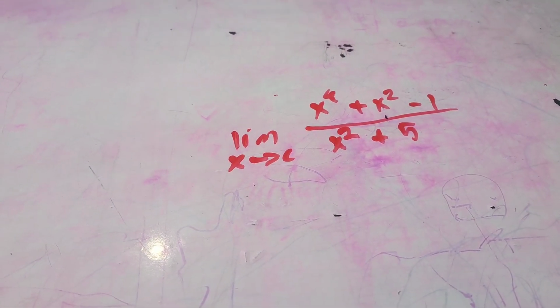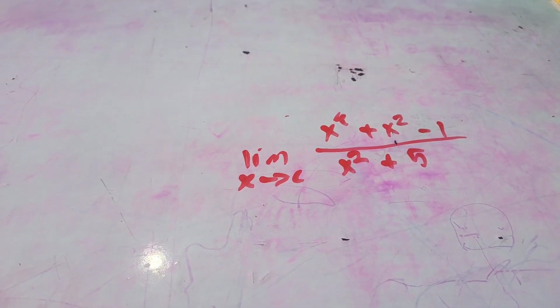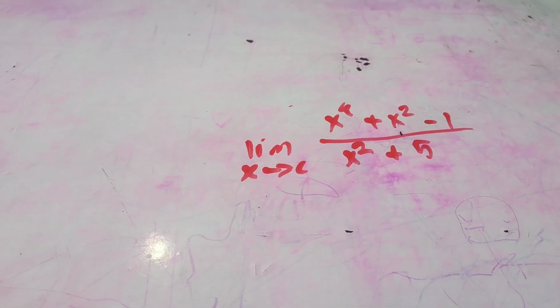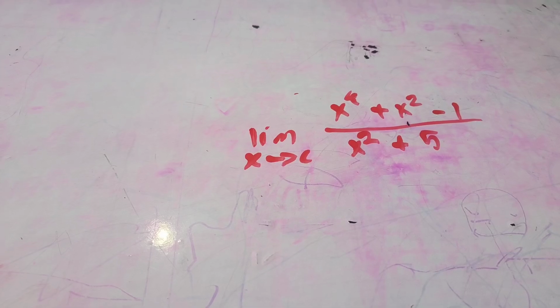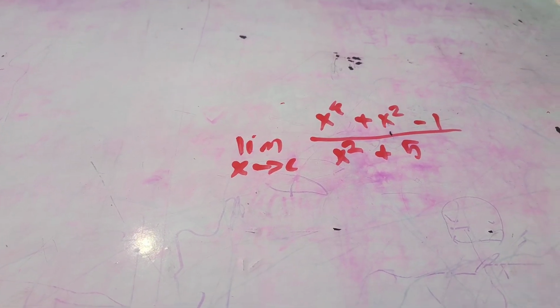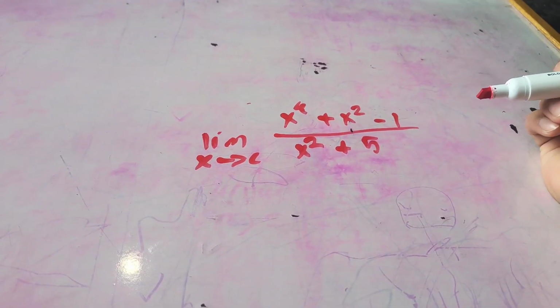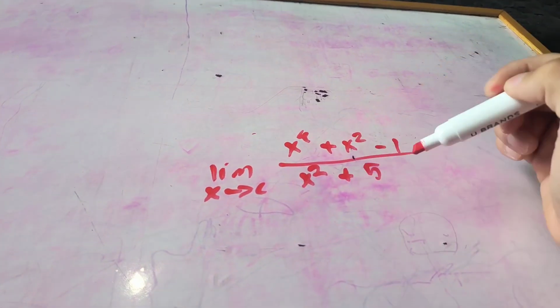Well, we know by the quotient rule that the limit of f of x divided by g of x is the same thing as finding the limit of f of x and then dividing that by the limit of g of x. In this case, this would be f of x and this would be g of x.